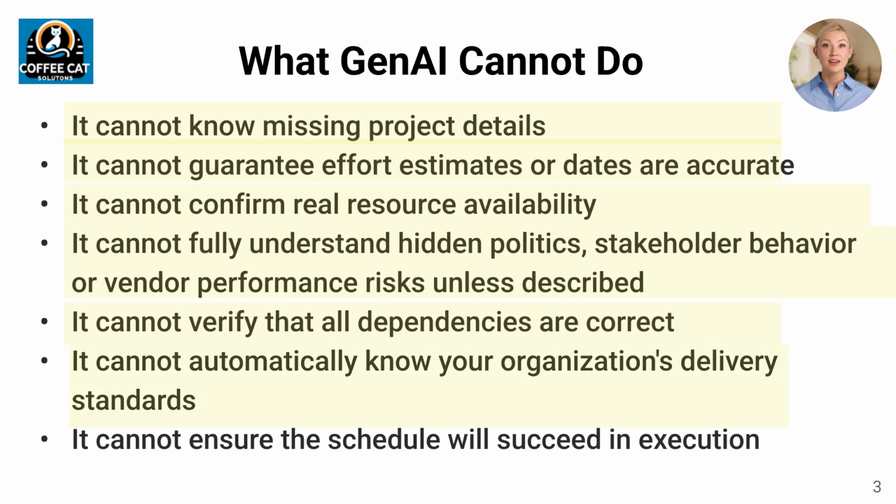It cannot automatically know your organization's delivery standards unless templates are uploaded. And last, it cannot ensure the schedule will succeed in execution. While there are lots of things GenAI can't do, there are lots of things it can that are important for the success of project managers and teams, such as reduce project work, reduce project risks, and improve project outcomes.